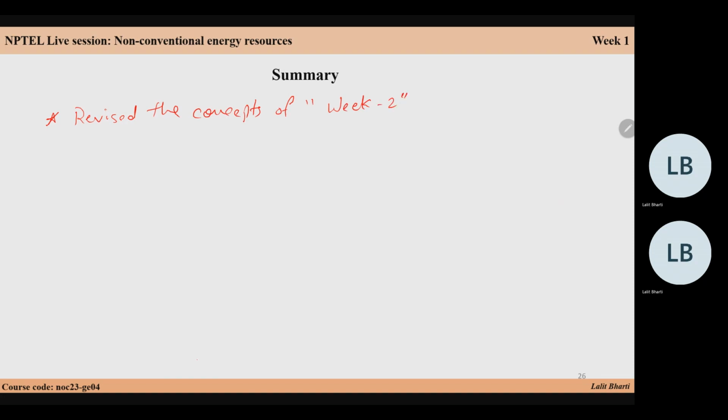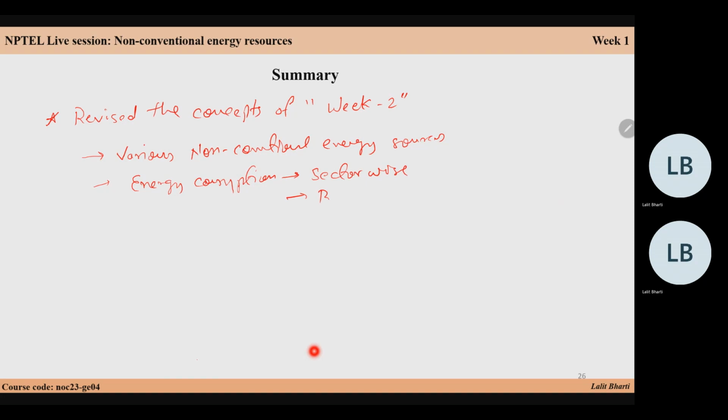So it includes various sources, various non-conventional energy sources, and the energy consumption was discussed sector-wise by humanity.